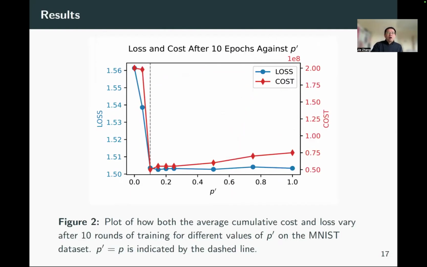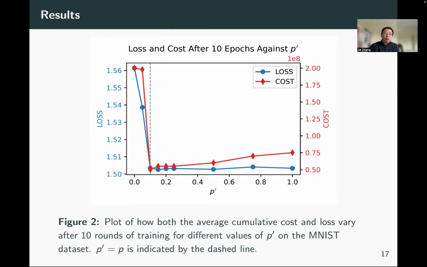And the second graph here shows the probability of running the verification along the x-axis. Then we have loss in blue on the y-axis, and cost in red on the y-axis. Loss represents how much error is involved in the neural network. We want to minimize loss, and the cost is the cost to the central node, so we also want to minimize that.